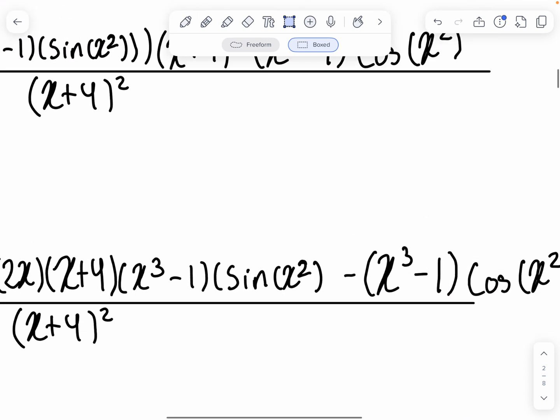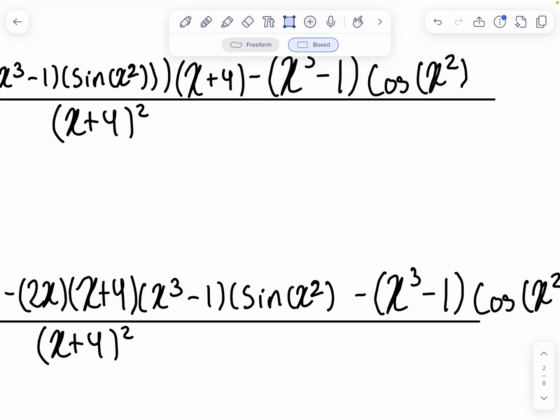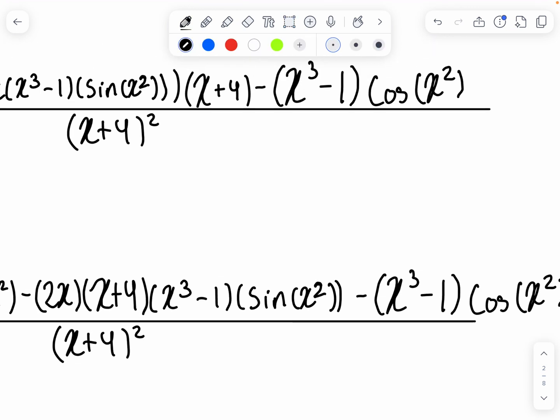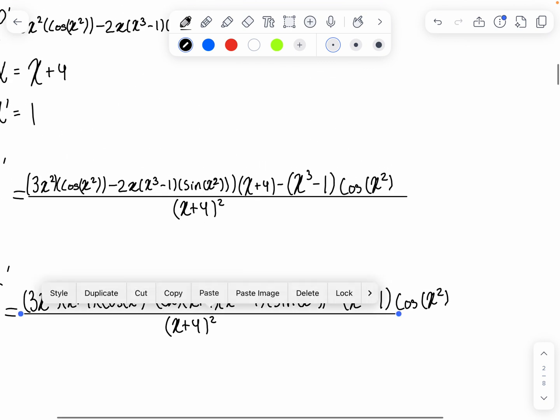Okay. Am I missing anything? Yeah, I'm missing a parentheses here. Okay, so that's there. x cubed minus 1. Okay.